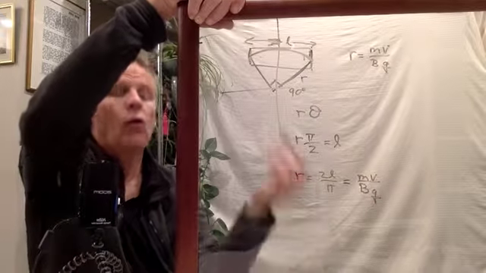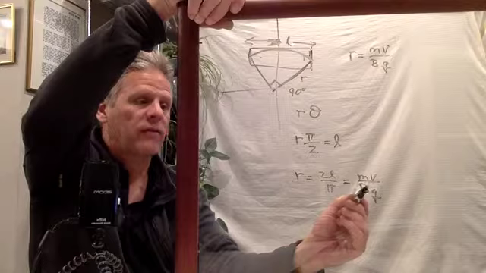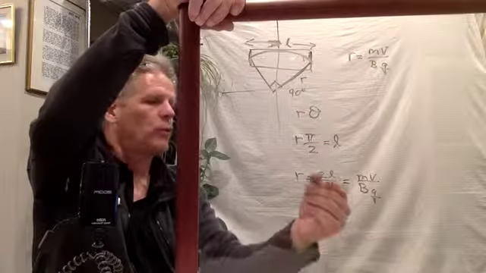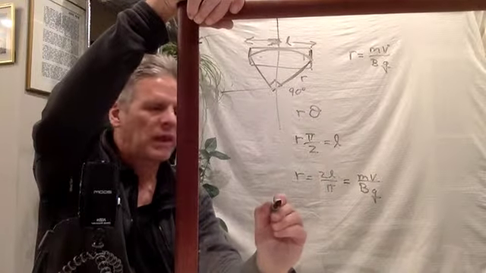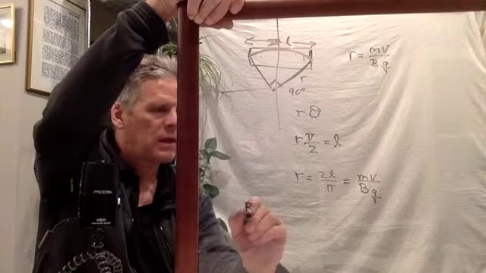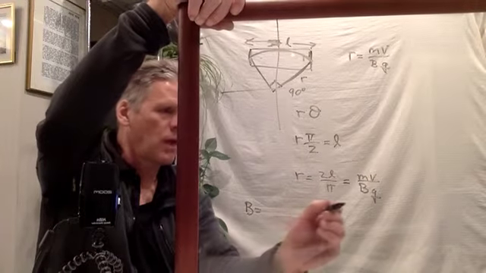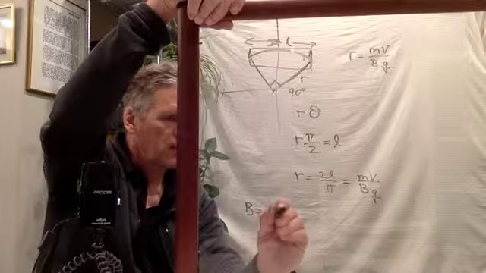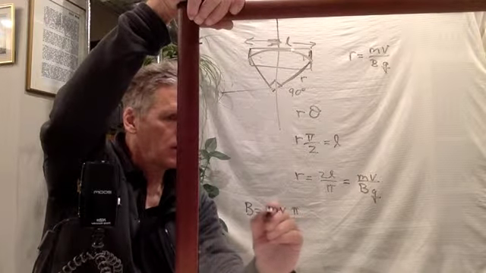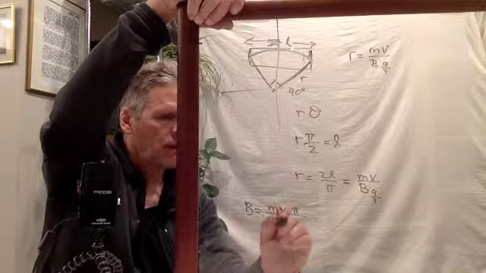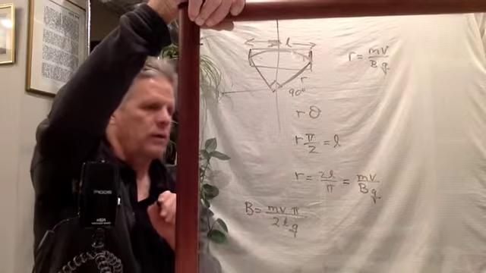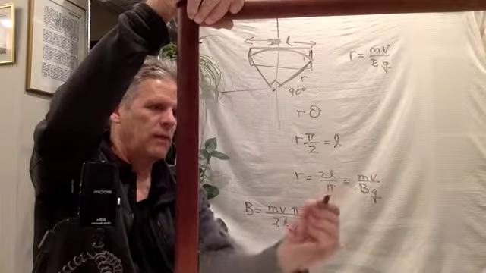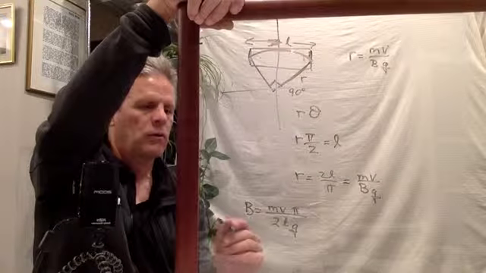The next step is we're asked to solve for b, so we rearrange this equation for b, and what we have is b equals mv pi over 2LQ. Does that look about right? mv pi over 2LQ. Yes, it does.